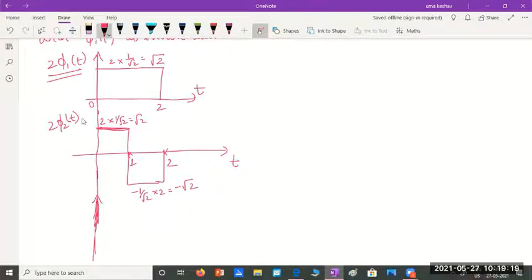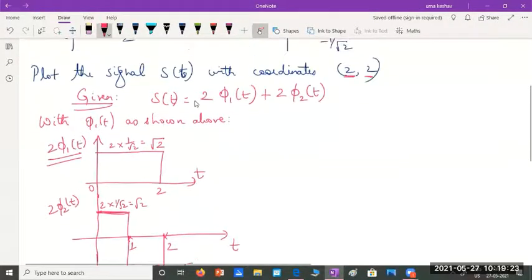Any changes in this? So all what we have done is, first we have defined the signal S of t because he has given us the coordinates, and now we are trying to find the plot of this signal S of t. Using phi 1 and phi 2, we have defined 2 phi 1 and 2 phi 2. Finally, how do I represent the signal S of t?